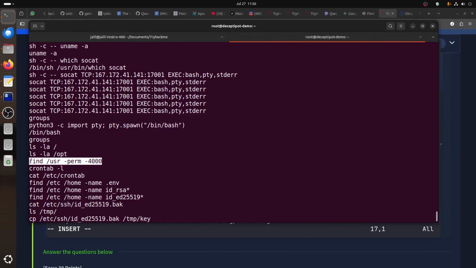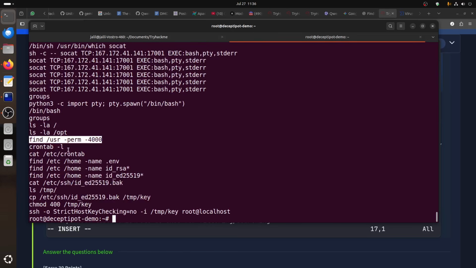He's trying to find the binaries for SUID, crontab minus l for the cron jobs, environment. He's searching for RSA in the home, and then he finds something in the backup.